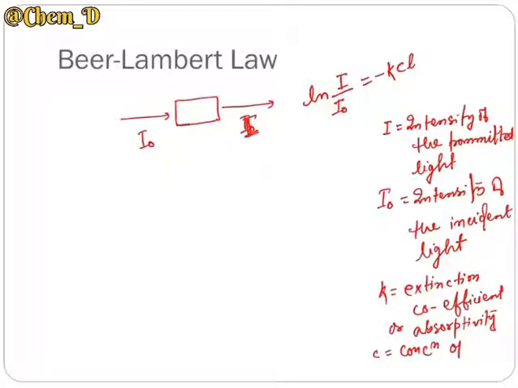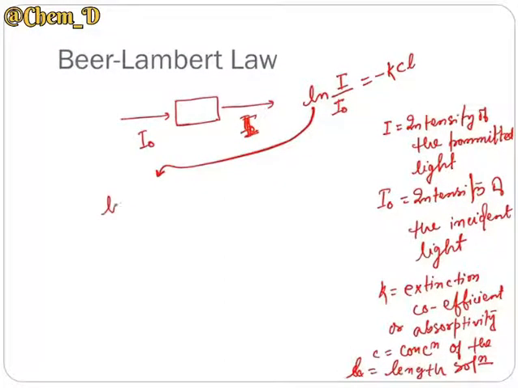C is the concentration of the solution, and L is the length of that body. So, according to Beer-Lambert law, log natural I by I0 is equal to minus KCL.